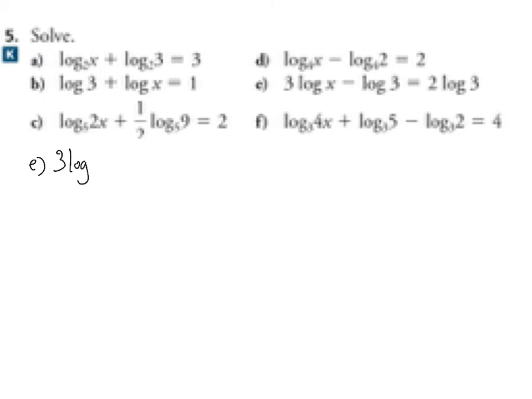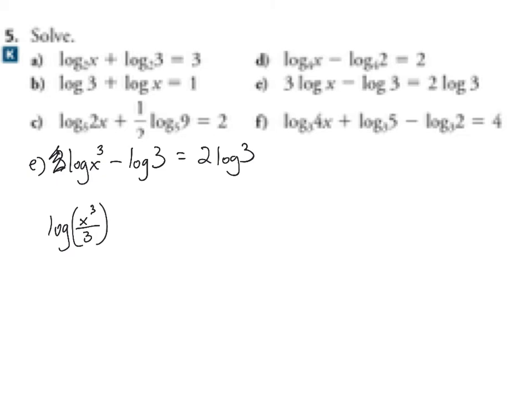Part E, 3 times the log x minus log of 3 equals 2 log of 3. These are all base 10. So this is the same as log of x cubed. So we can say the log base 10 of x cubed divided by 3, since it's a subtraction, is equal to the log of 9. 3 squared is 9.